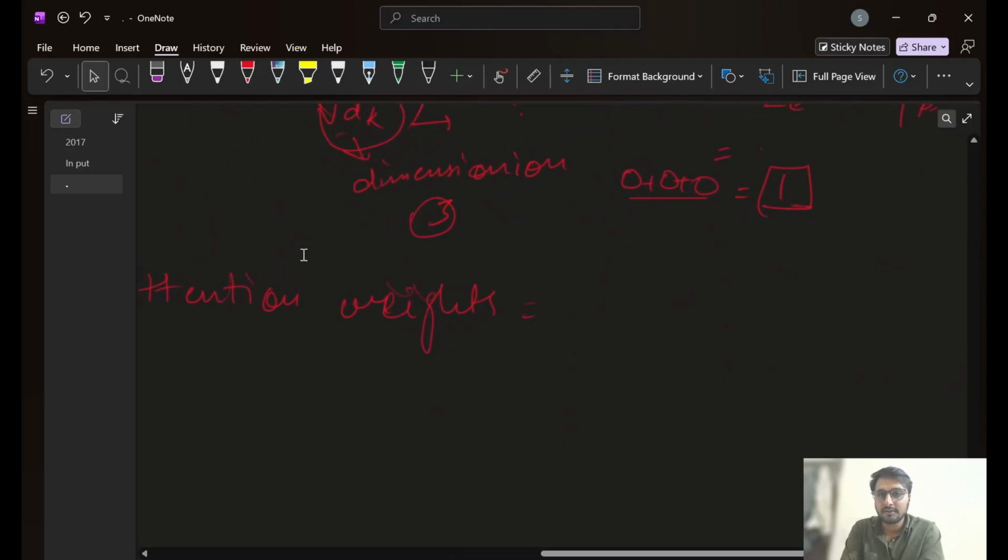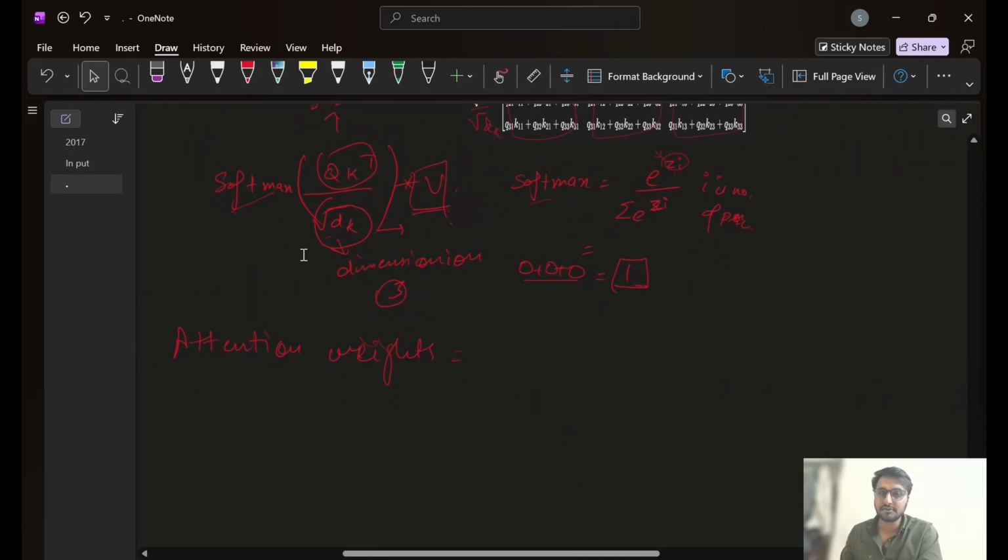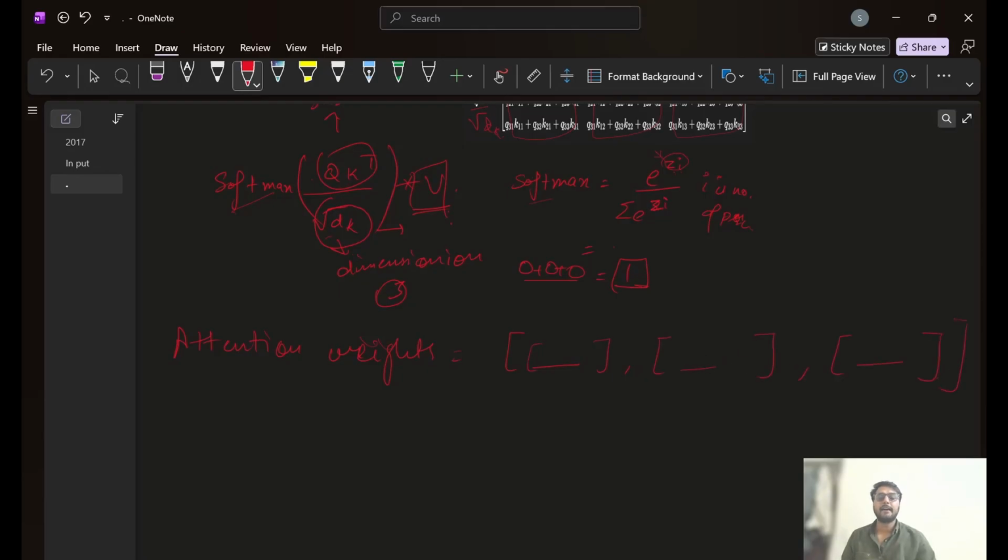That will give us the attention scores, and then we will finally get the three vectors again that represent the information about which other word in a sentence is more useful, more contextually related to that word. Okay.